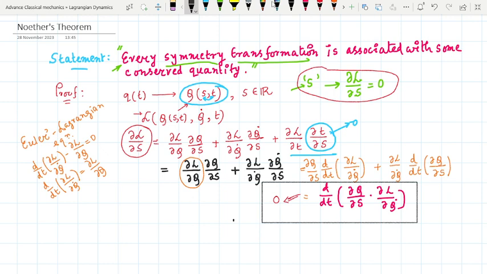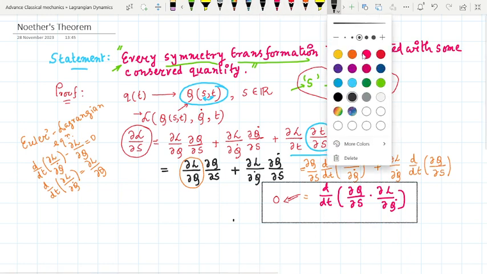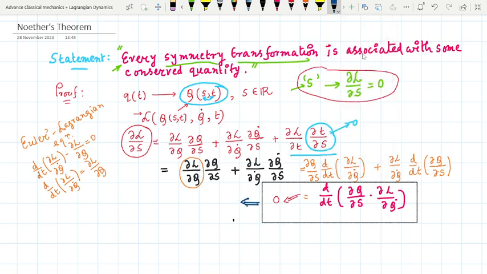So from this we can conclude that ∂L/∂q̇ · ∂q/∂s is conserved, or we can consider another parameter H. So H is constant.